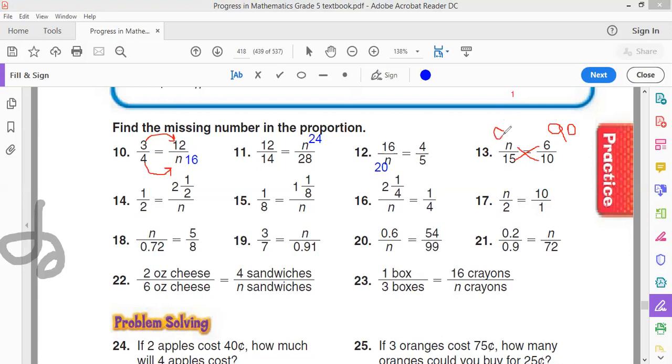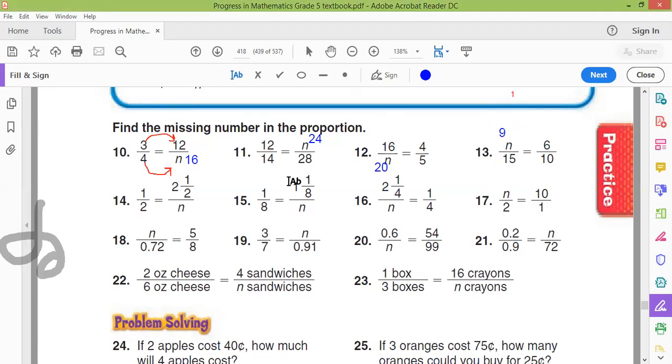So the value of n will be 9. I don't know how he calculated that. Okay, right here 9. Yes, teacher, 9. Very good. Next one, question number 14.